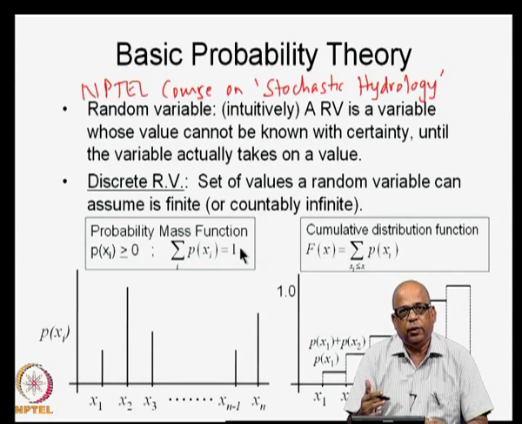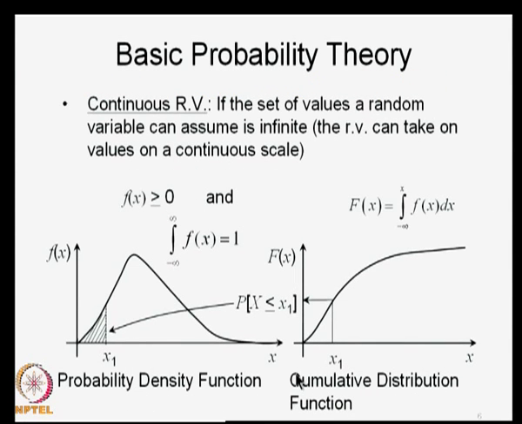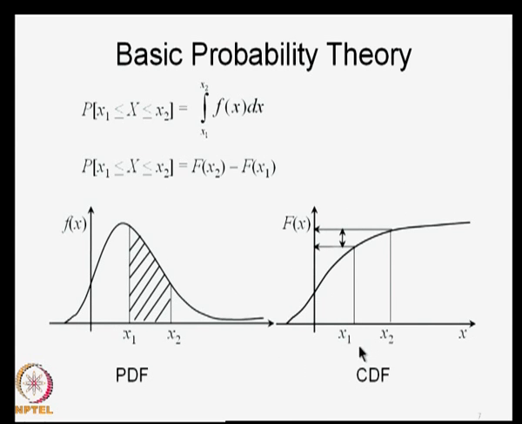Then we have the concept of cumulative distribution function. It simply gives the cumulative probabilities. For example, this is probability of X equal to x1, probability of X equal to x2. So, this value here is probability of X equal to x1 plus probability of X equal to x2.